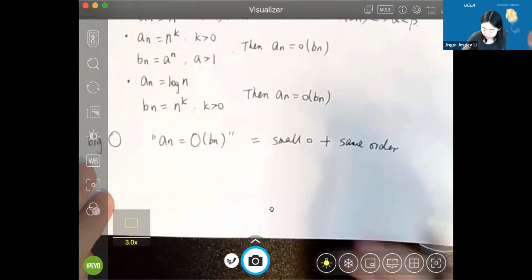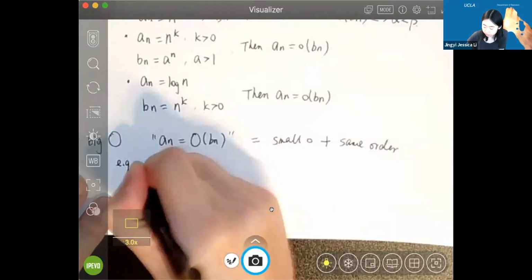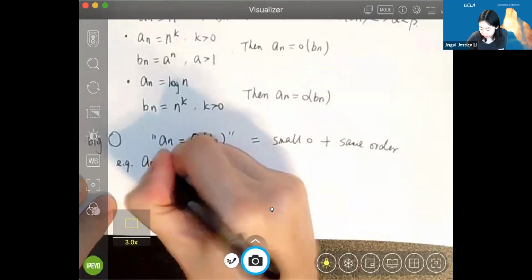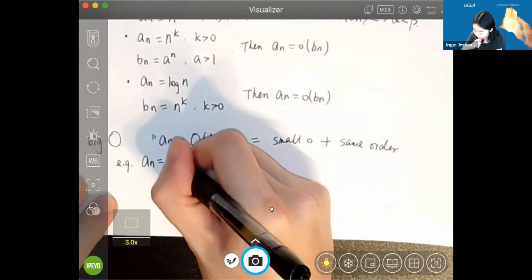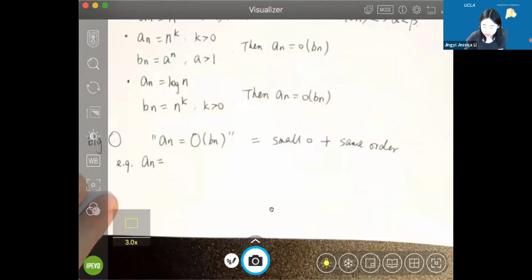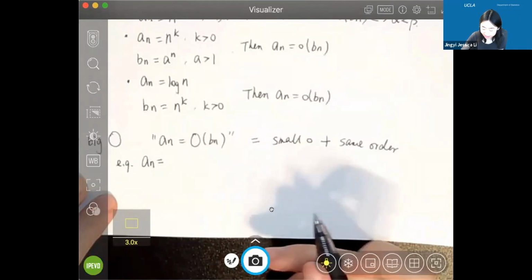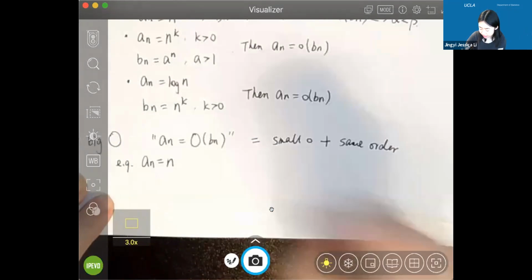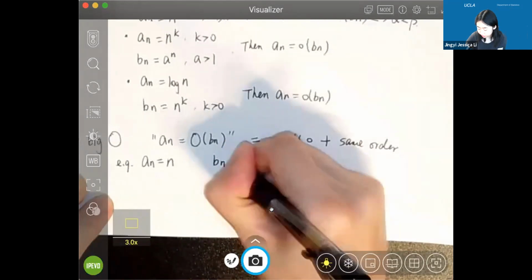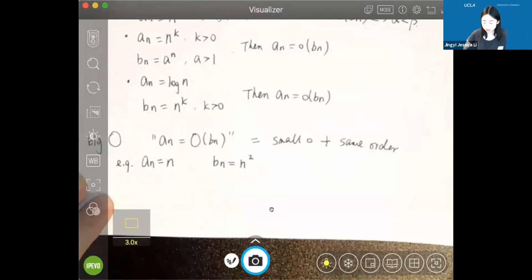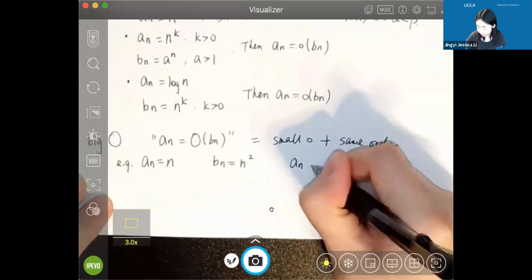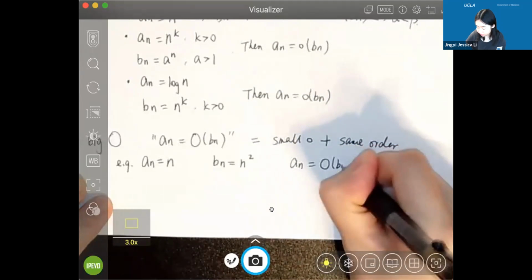So for example, let's say we have this an equals to, or maybe I should give you an example, right? So we can say that an is equal to n, and bn is equal to n squared. So in this case, can I say an is big O of bn?